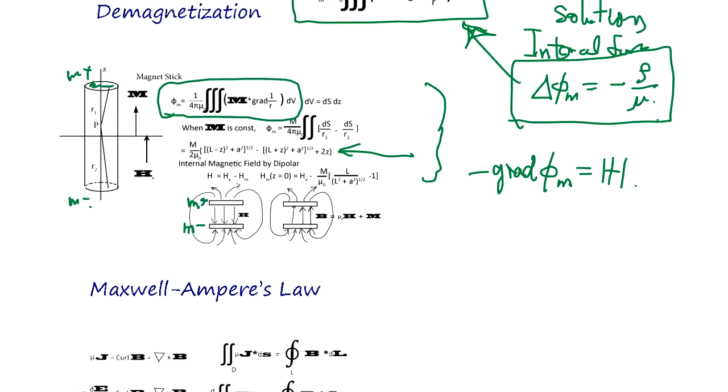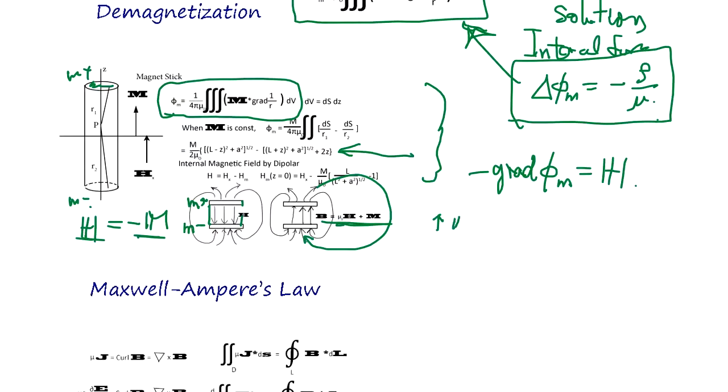The H is running this way from positive to negative, but inside the magnetic stick, the B flux is making a complete loop. So what happens is this M is opposite to H. It goes against the polarization.